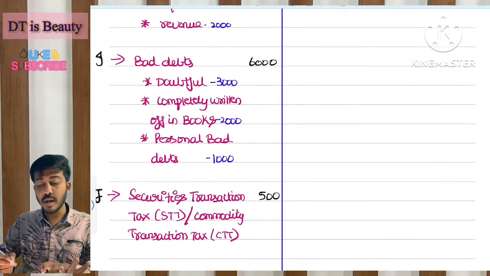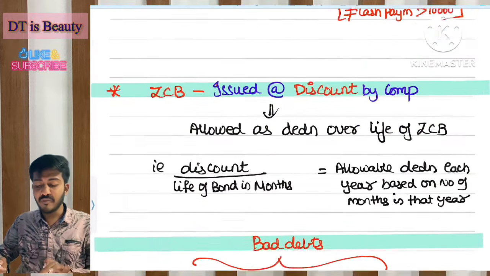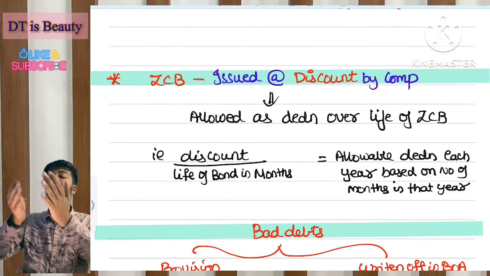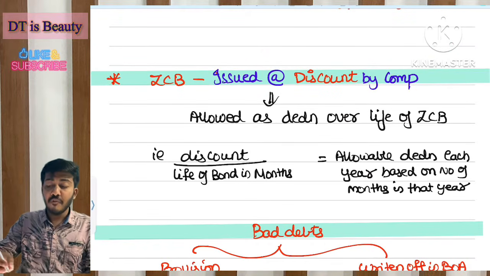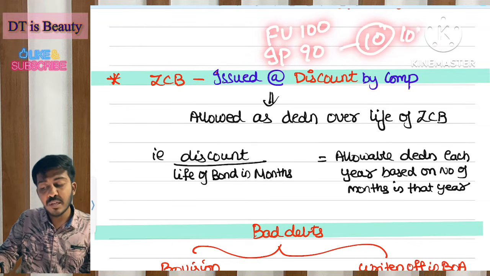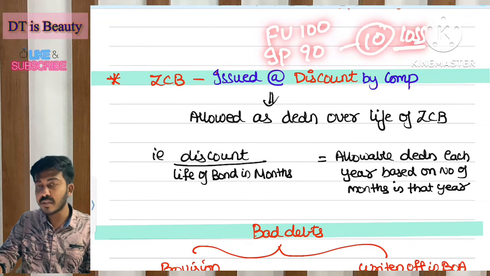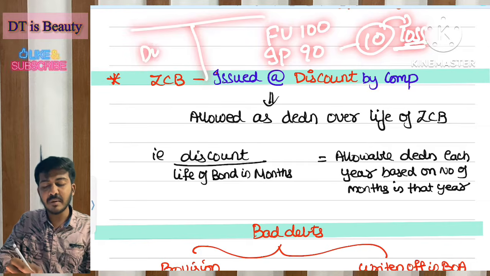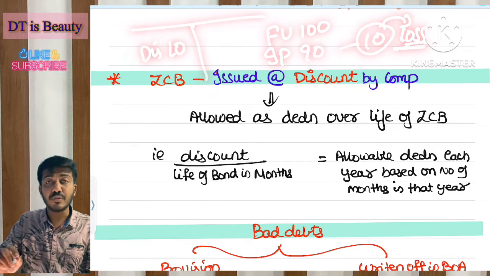Come to the next concept, which is after family planning, we have zero coupon bonds. If the company is issuing zero coupon bonds to the people, for example, face value of the bonds is 100, they will issue at just 90 rupees, which means 10 rupees is a loss to the company, right? This we call as discount. This discount, if they debit entirely in the P&L as 10 rupees, it is not correct.